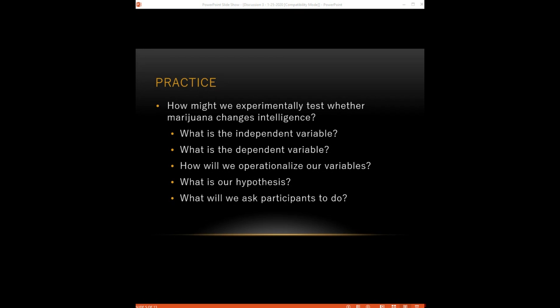You'll instruct them to smoke once per day, and then you'll instruct another group to smoke 3 times per day. However you want to do that, but you need to describe precisely, step by step. They're going to do this, and then they're going to do this, and then at the very end, I will have measured this to see how marijuana affected them.